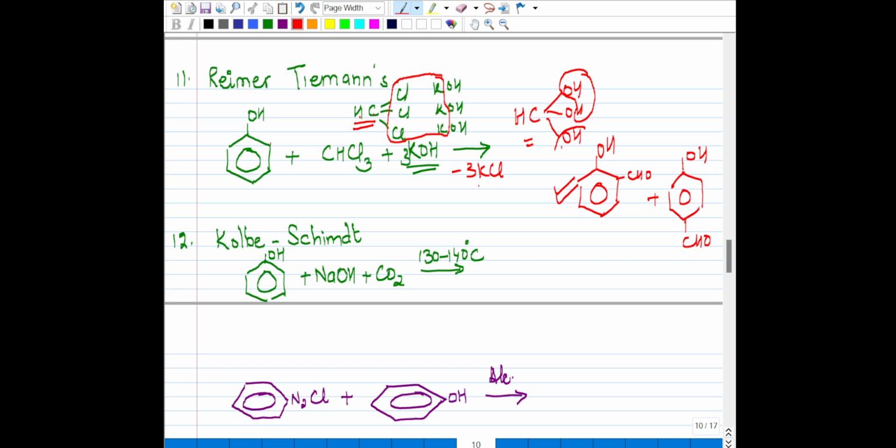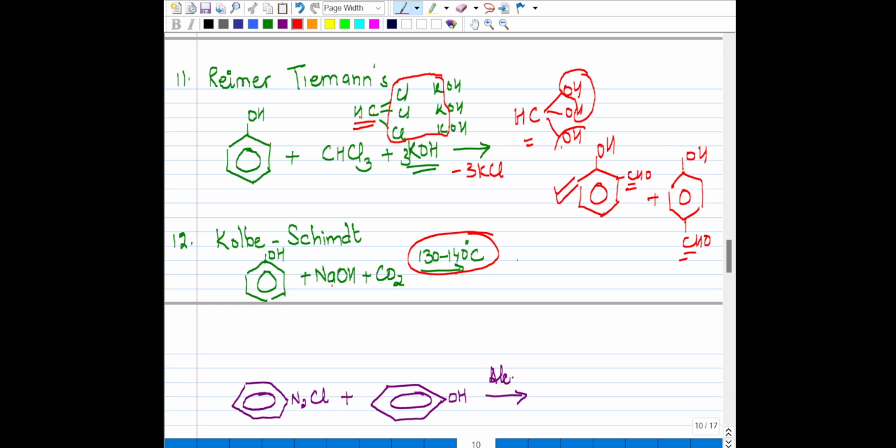Okay, so next we talk about Kolbe-Schmidt. In Kolbe-Schmidt, this aldehyde is converted directly into acid. So the product is salicylic acid. Here what happens, phenol is treated with sodium hydroxide and carbon dioxide. Remember the temperature is 130 to 140 degrees centigrade.